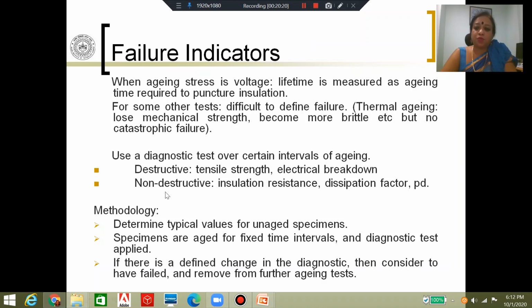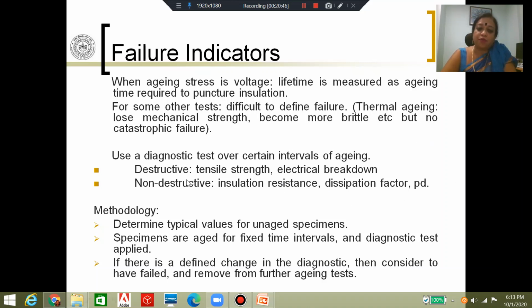Then there can also be non-destructive tests. So it is not necessary that the particular stress degrades the material to the extent that you can see a difference in the catastrophic failure, or the catastrophic failure can happen in a short time. But there might be some properties which have changed. For example, the resistance may have changed. The loss factor may have changed. Partial discharges may occur.